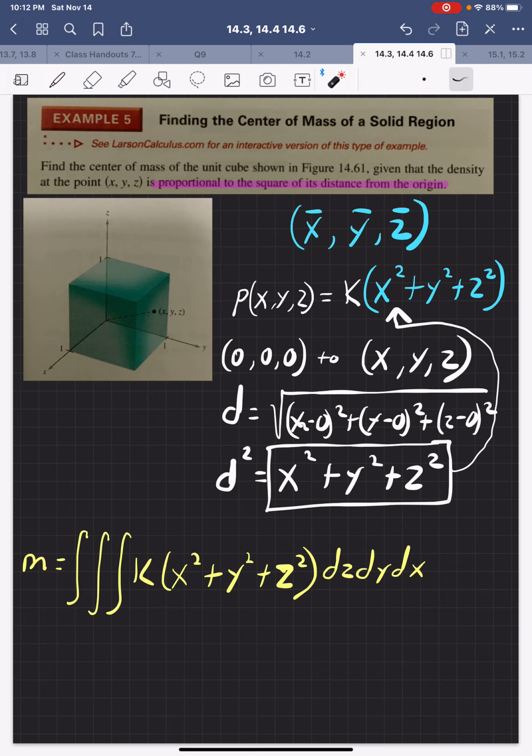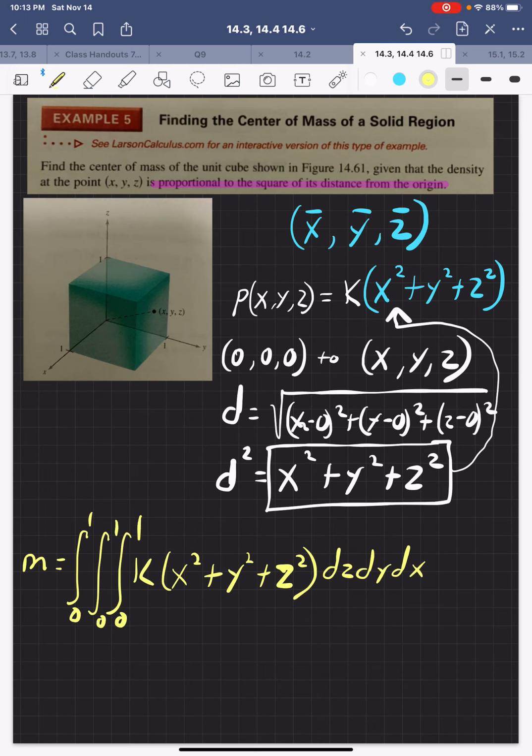But not only does the order in which you integrate not affect the solution, but in this particular problem, just due to the symmetry of this cube, it doesn't even affect how hard the integration is. So no matter how you set up the integral, it's going to be the exact same calculations. And that's simply because in each direction we're bounded from 0 to 1. So all of these integrals are from 0 to 1.